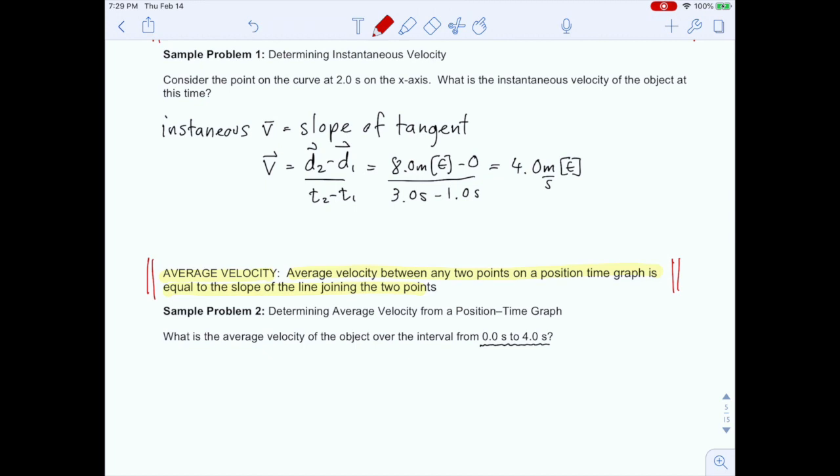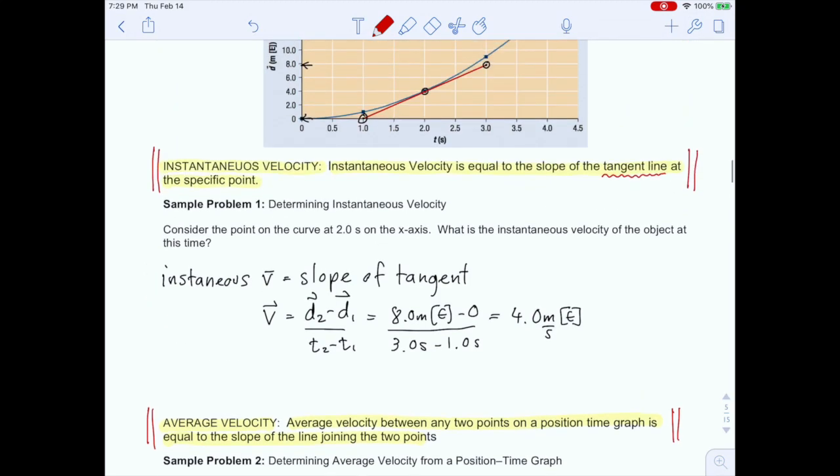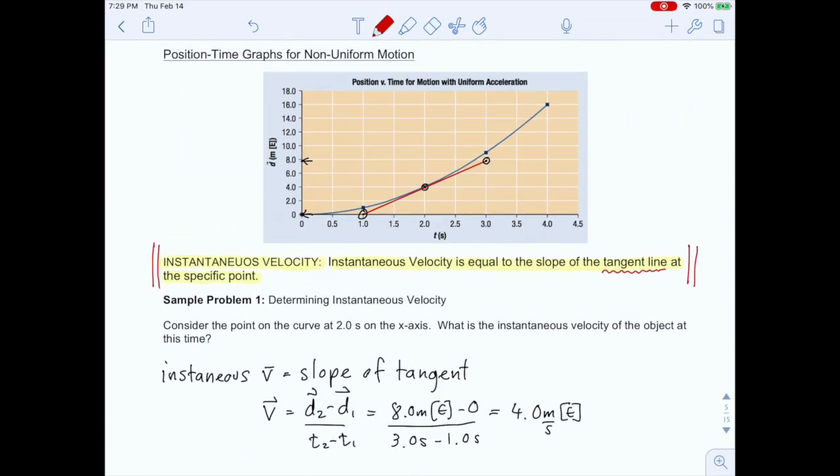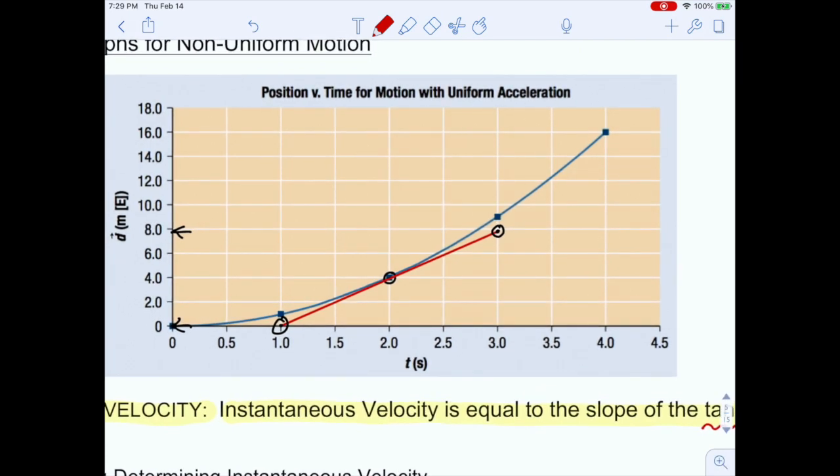So we're going to do just that. We're going to draw a line that joins the points t equals 0 seconds and t equals 4.0 seconds. So we'll draw a straight line joining these 2 points.